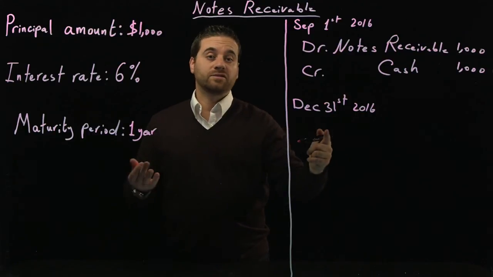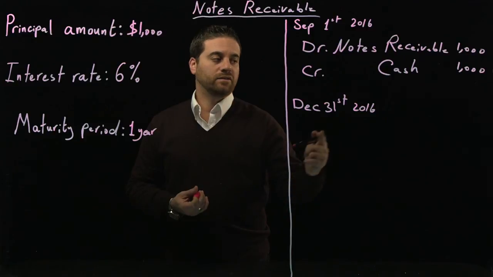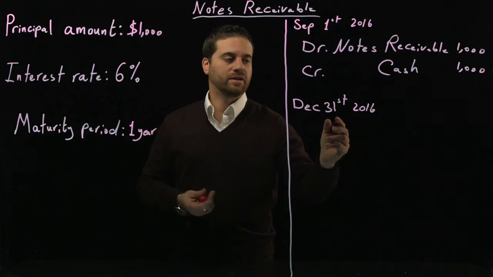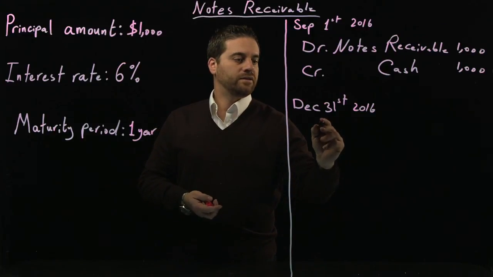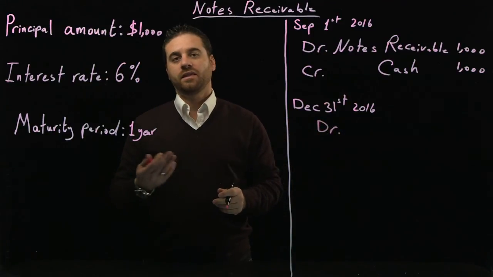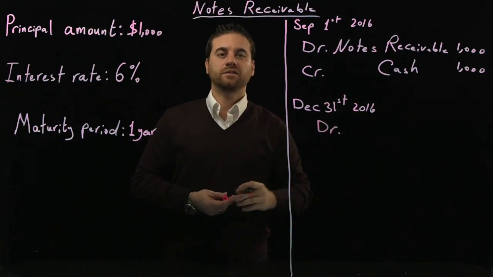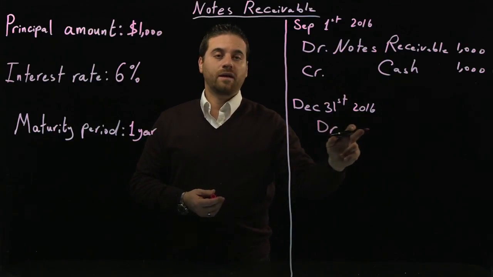That's considered an adjustment when we record interest revenue at the end of 2016 because it belongs to 2016. All right, so the name of that account, because we're not going to get cash from the customer at the end of 2016, we have to wait until August next year. So we cannot say debit cash.